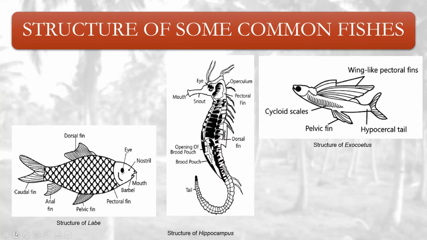Now, what I have to tell you is that when we talk about different types of scales, it's a very important fact. Fishes and amphibians don't have any embryonic membranes. So fishes and amphibians are known as anamniotes, meaning without amniotic membranes.